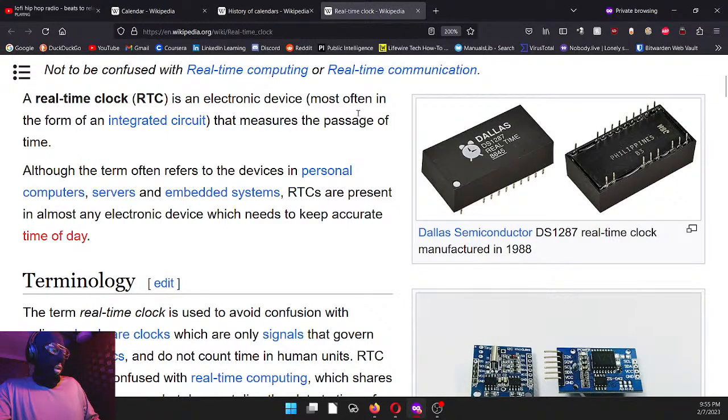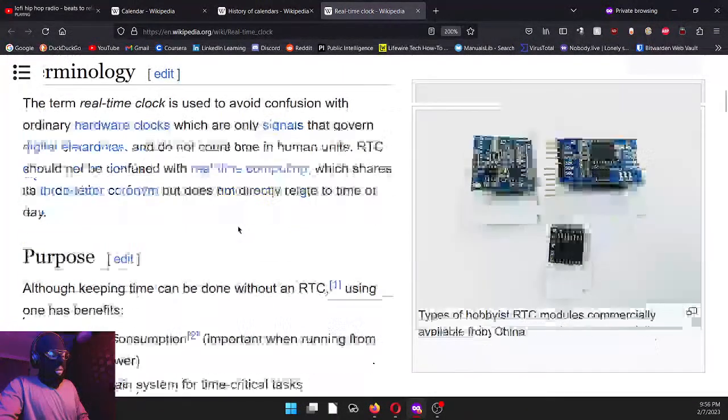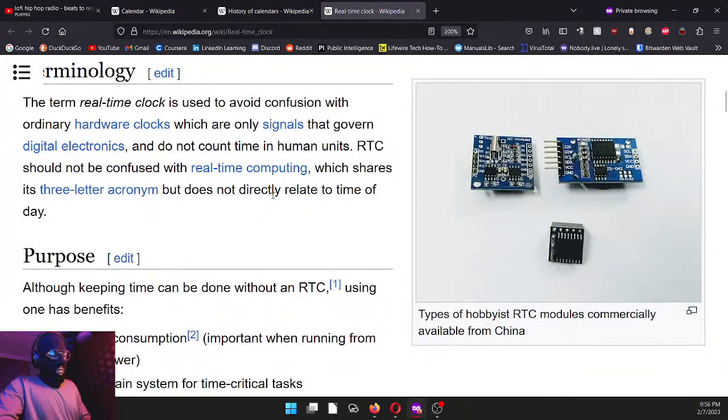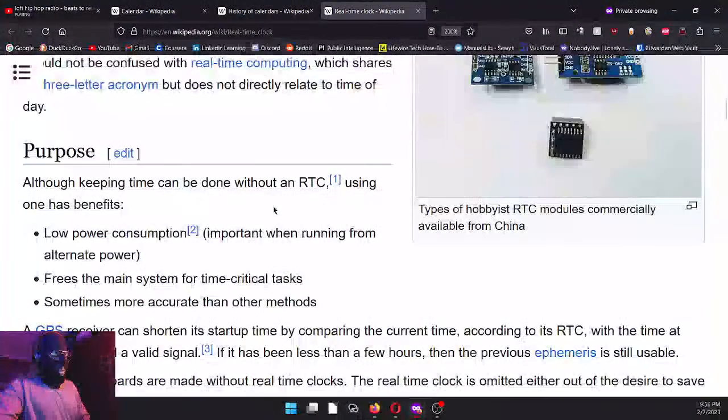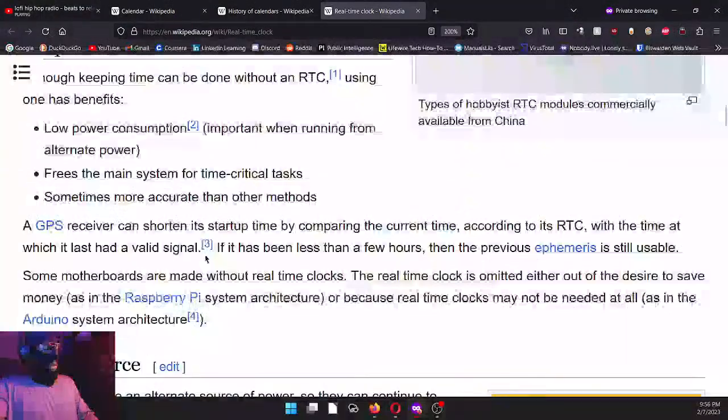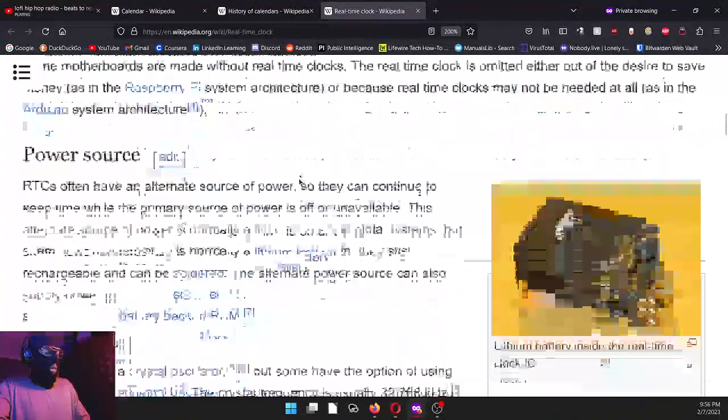Alrighty. A real-time clock is most often a form of integrated circuit that measures the passage of time, although the term often refers to devices in personal computers, servers, and embedded systems. RTCs are present in almost any electronic device which needs to keep accurate time of day. You have the terminology, and the purpose: low power consumption frees the main systems for time-critical tasks, and it is sometimes more accurate than other methods.